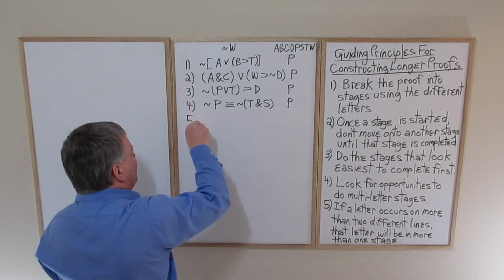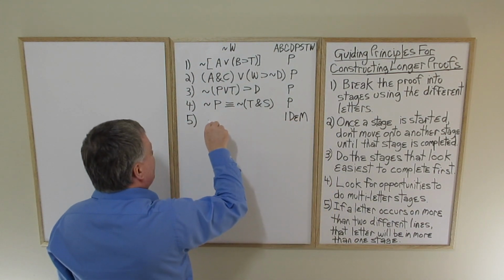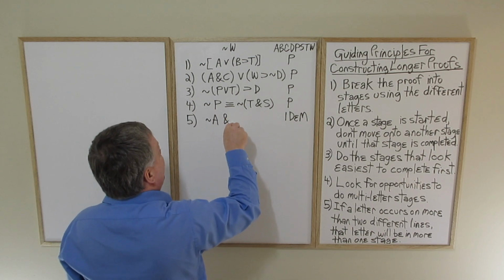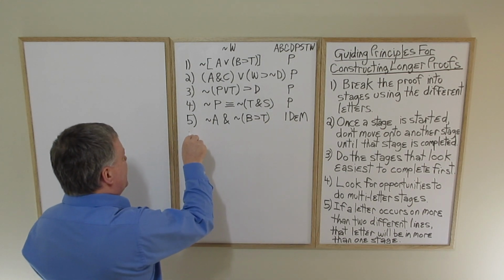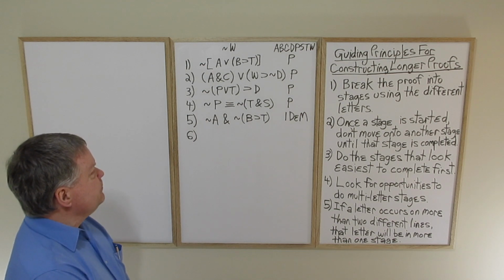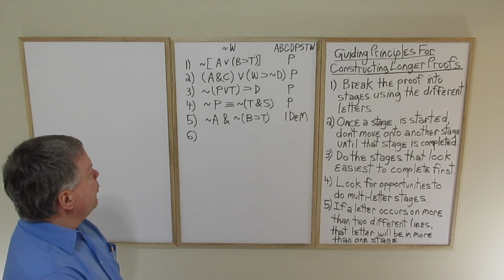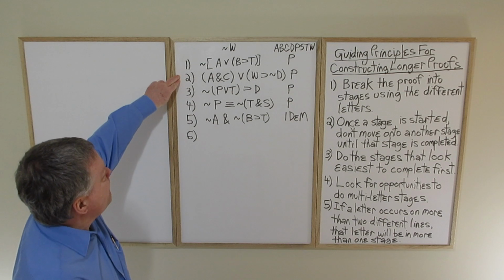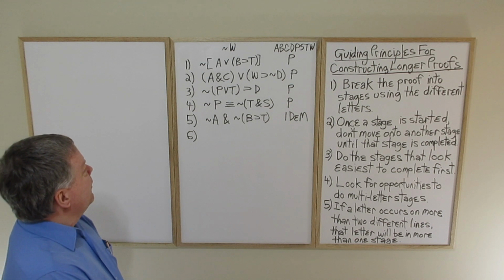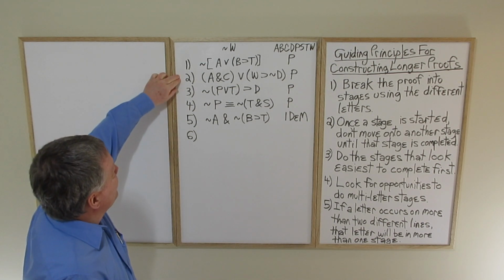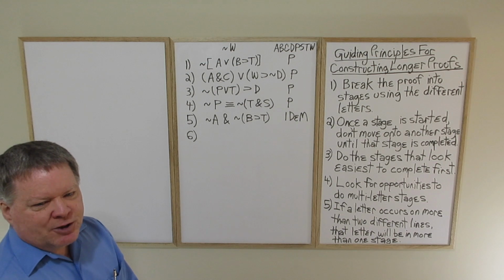So we start off the proof with 1 De Morgan's to get tilde A and tilde, then in brackets, B horseshoe T. At this point, we might decide that the A stage is the way to go, although when we look at our other information that contains A-related data, the conjunction A and C, which is the left disjunct of line 2, we can see that A and C related information are going to go together.